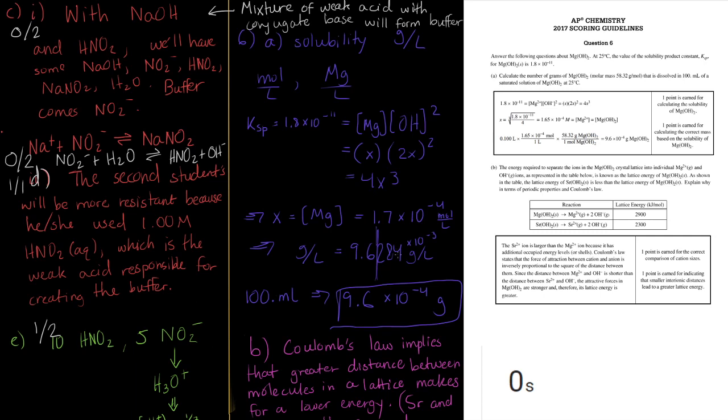I get that point. And then finally I have just multiplying it by this 100 milliliters times the mass gives me 9.6, so calculating the correct mass based on the solubility. I believe I earned both those points. A welcome respite from the horrible performance of my previous questions.